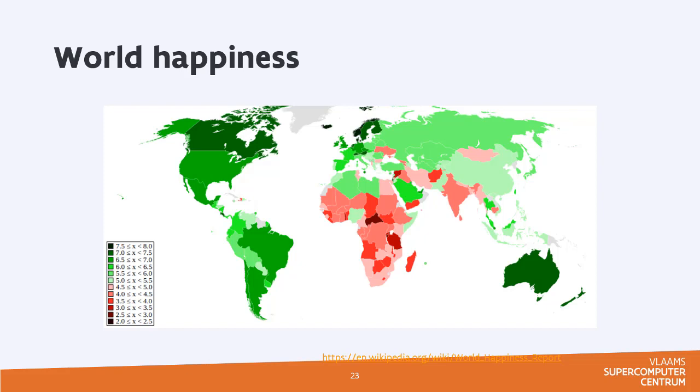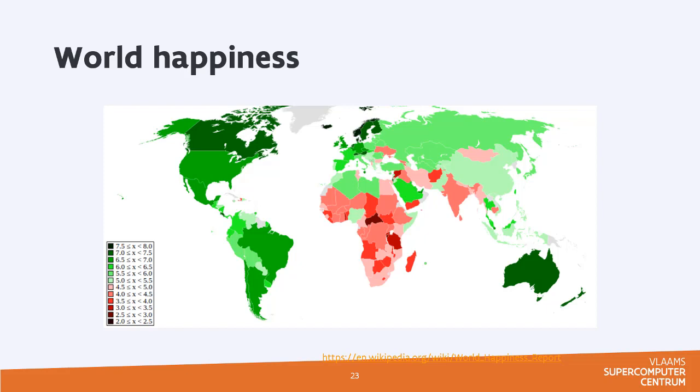And of course, if you look at this, there shouldn't be too many surprises: Northern Europe and Western Europe are fairly happy, as is North America, Australia, New Zealand, and so on. Countries that are particularly unhappy are in a state of war typically, for instance Syria or Afghanistan.